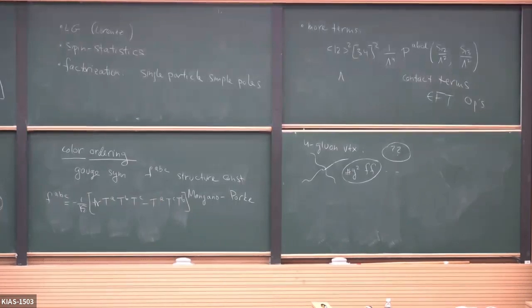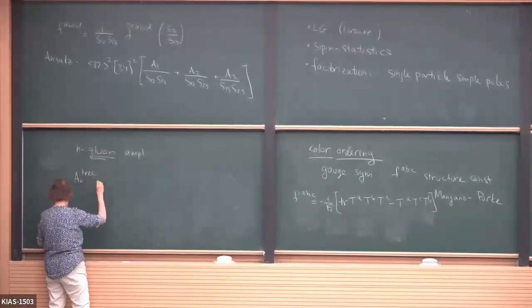And once you use this identity, you can write down your amplitudes in the following way. So suppose we have some n-gluon amplitude. And gluons here can be any gauge bosons, of course.